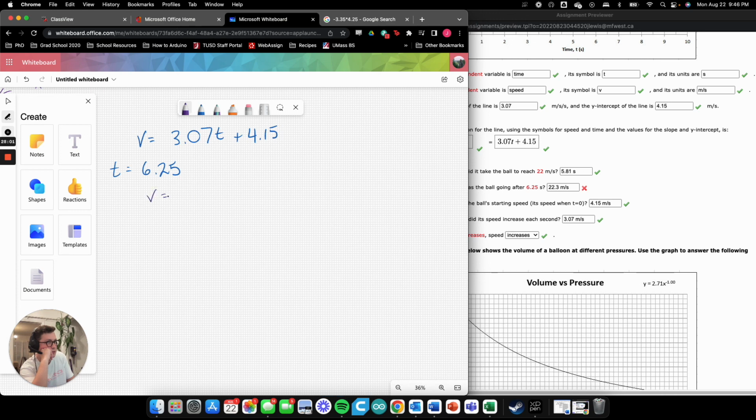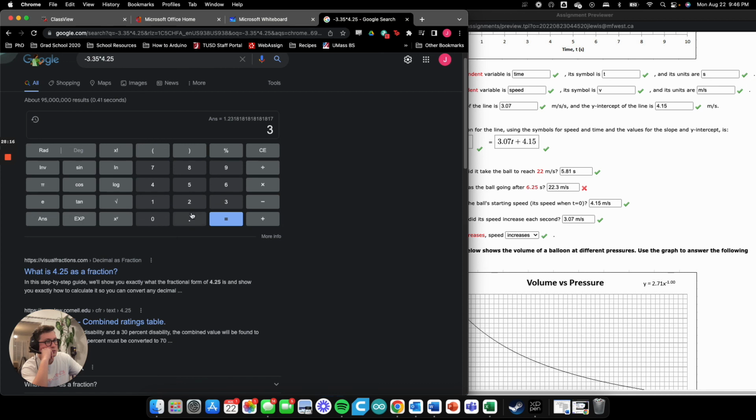Okay, V equals 3.07 times 6.25 plus 4.15. 3.07 times 6.25 is 19.1875.